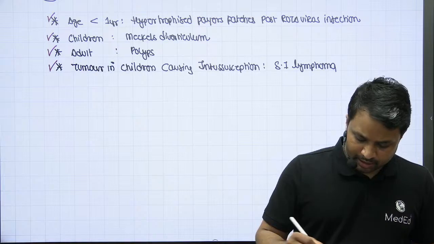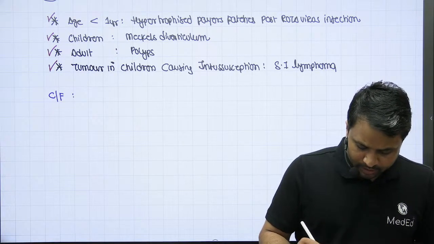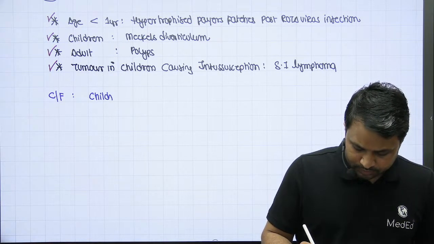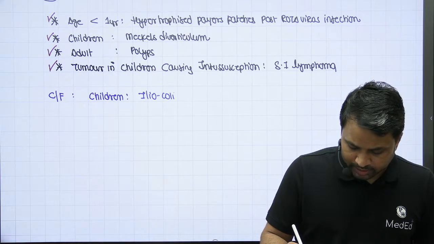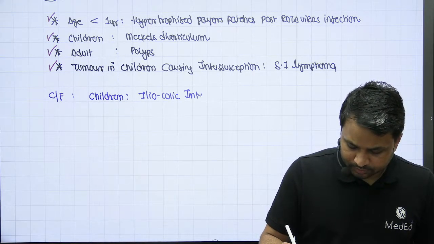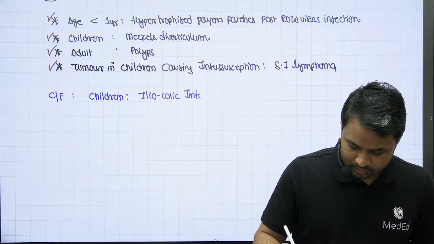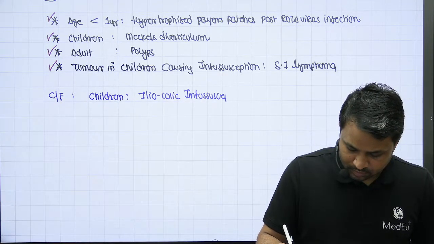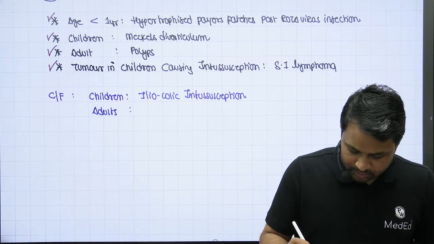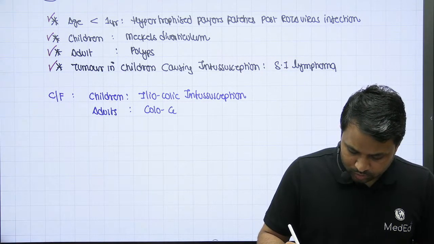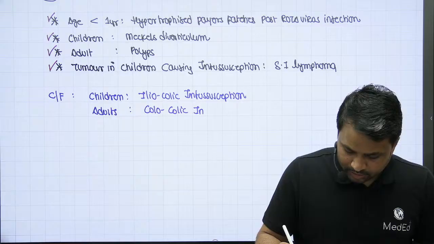Now, in the clinical presentation, remember, in children it is usually ileocolic intussusception. In adults, it is going to be colocolic intussusception.